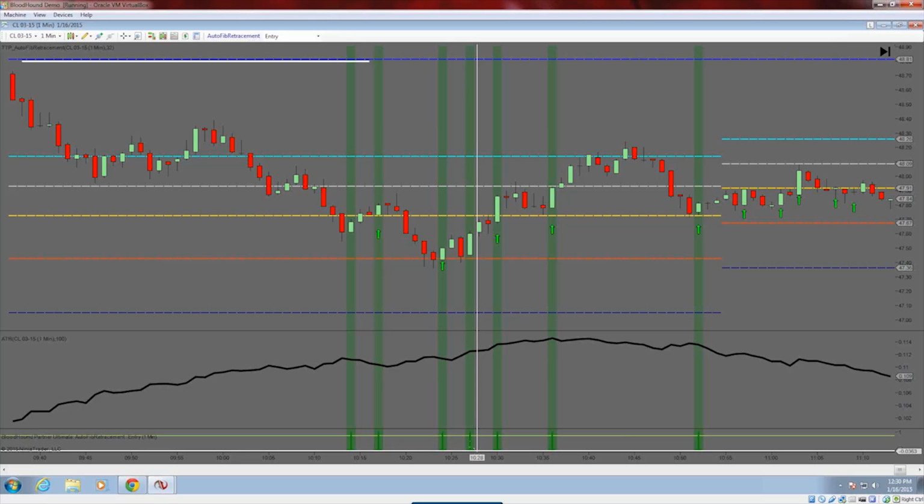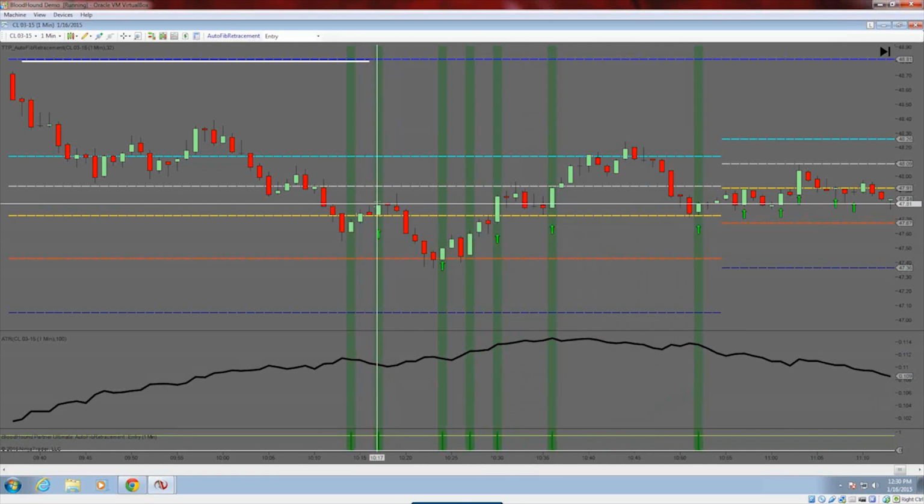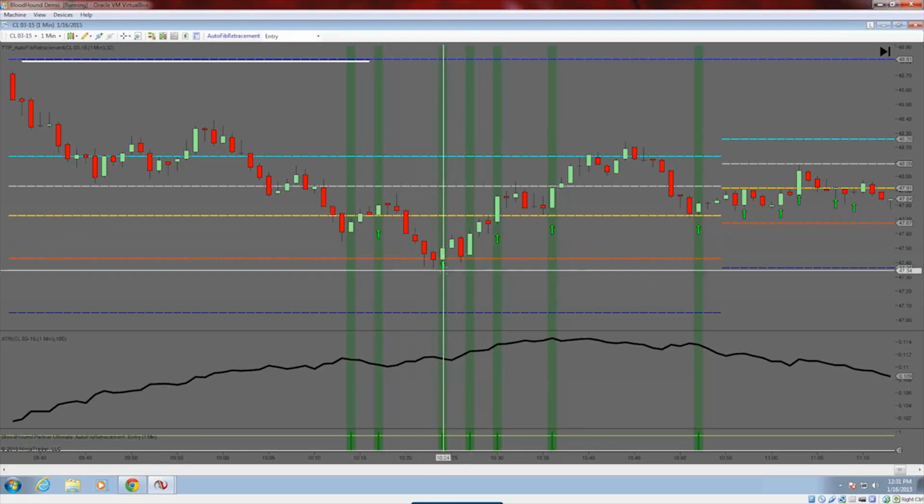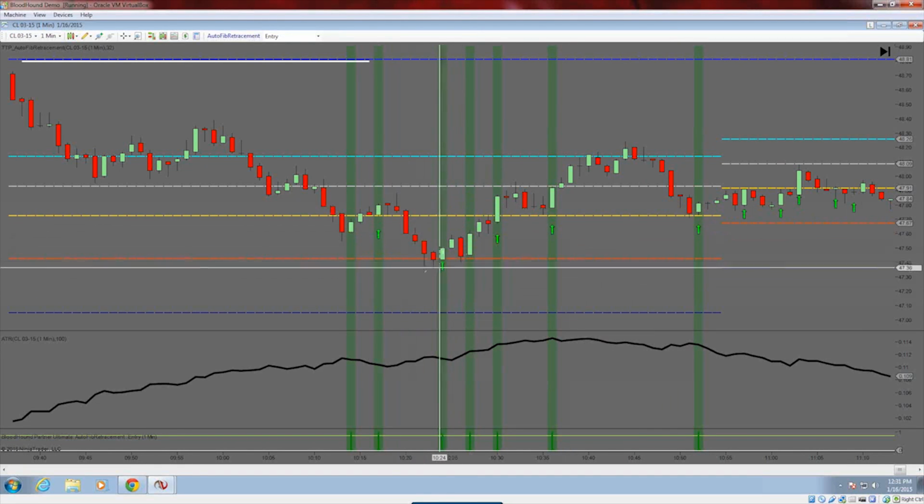But let's say I want to block just that bar and then all the subsequent bars after this one. It's going to be a little difficult.